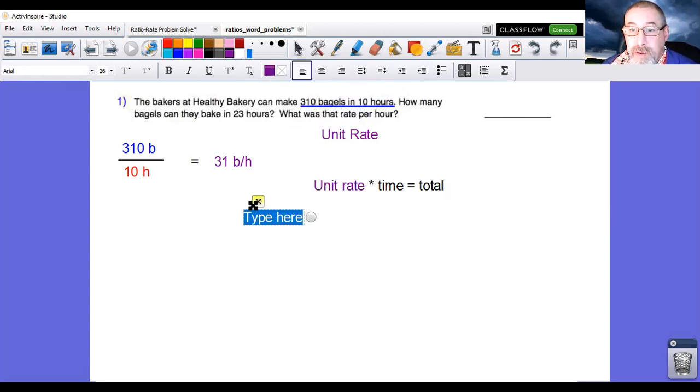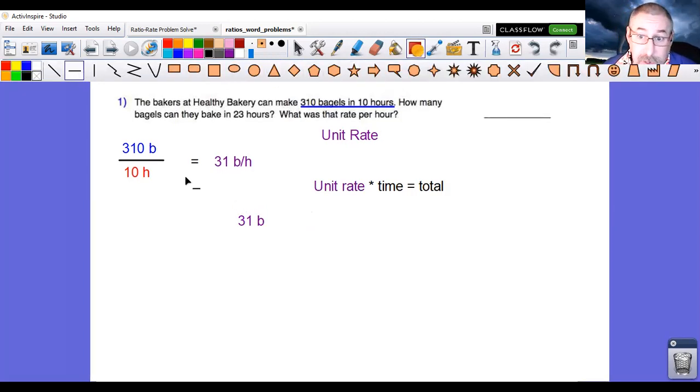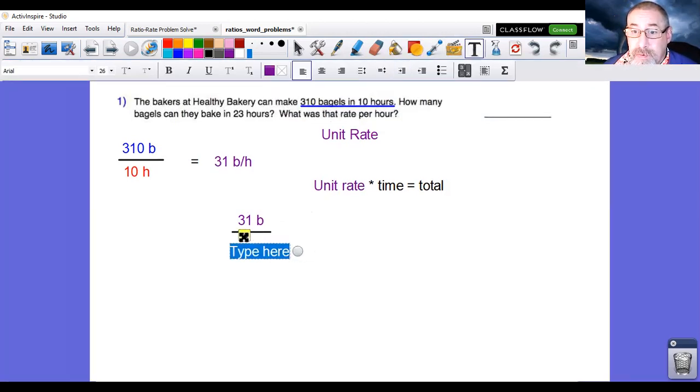So our unit rate is 31 bagels per hour. And I can rewrite this as a fraction because that's actually what it is. And I'm going to put the number in here for now. So per 1 hour. And I'm going to multiply this unit rate times 23 hours.